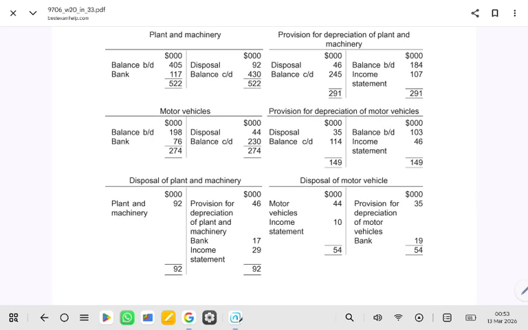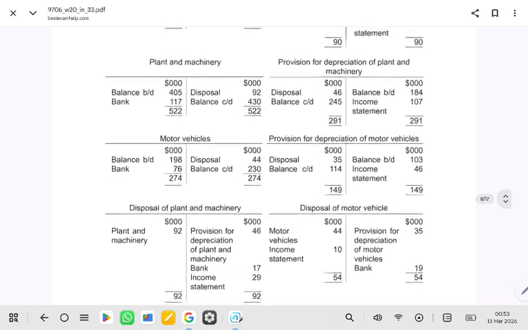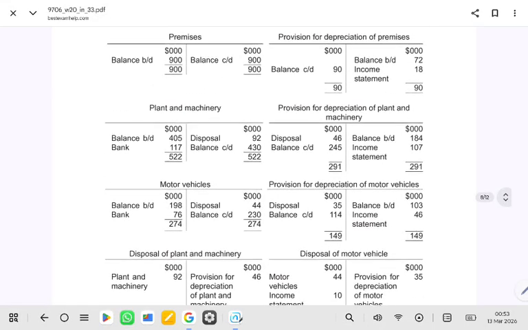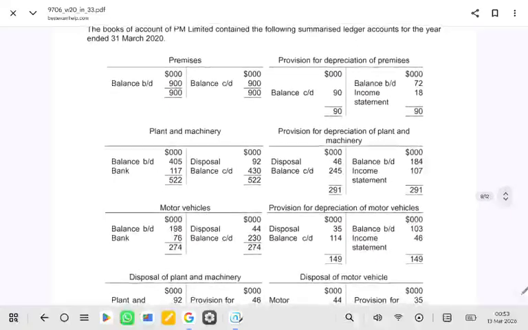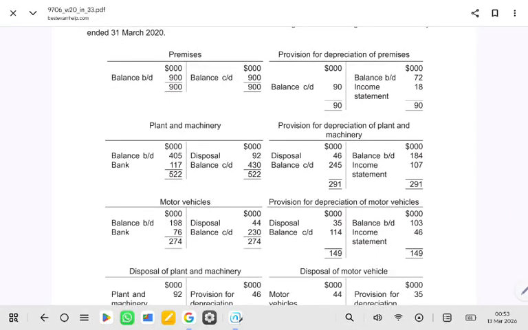Disposal. Provision for depreciation. So for disposal, there are eliminations. So on each of the depreciation account, whatever the disposal is written in the debit side, actually it is eliminated.